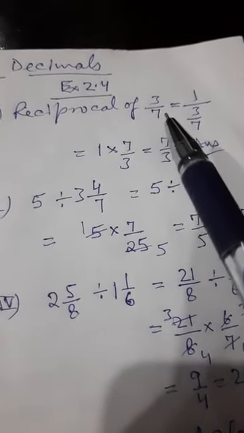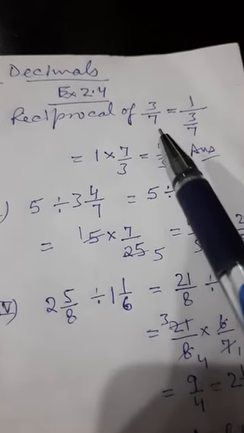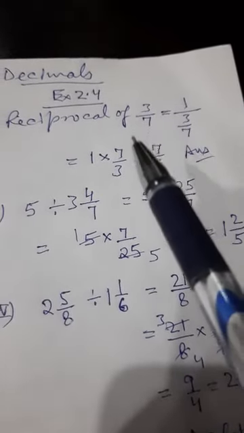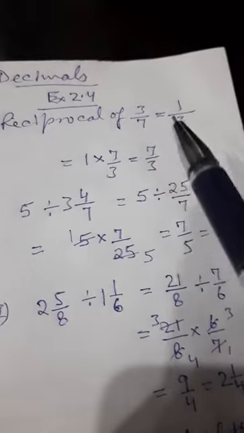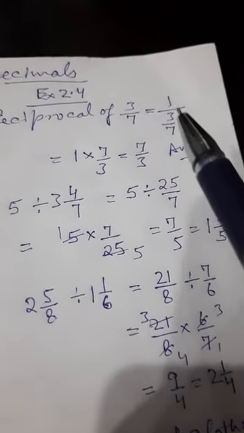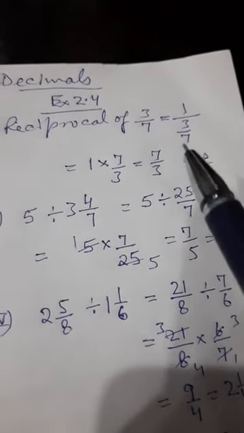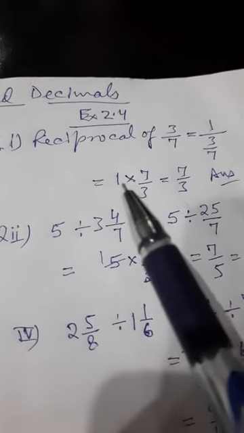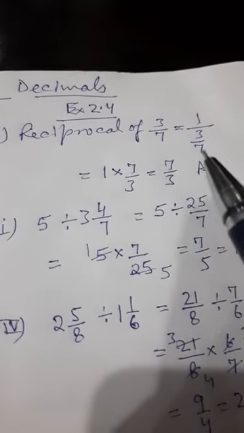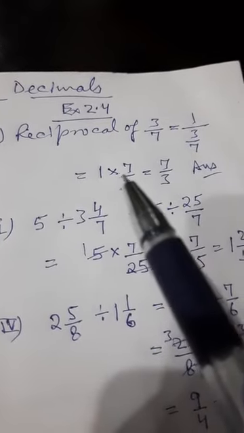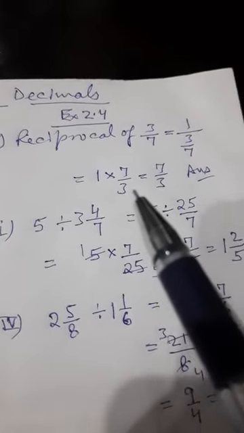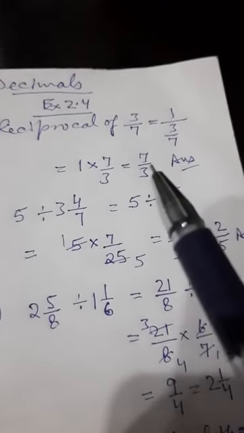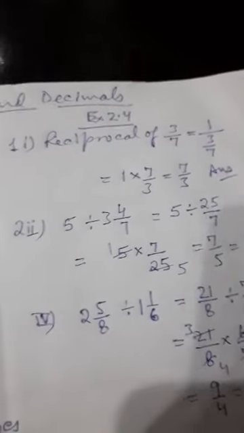So I have told you the reciprocal of A is 1 upon A. So consider this 3 upon 7 as A. So its reciprocal is 1 upon A. Now the numerator is 1, it will be written as it is, and the denominator, when it comes into multiplication, will get reciprocated, so 7 upon 3. When we simplify, we get 7 upon 3 as the answer.